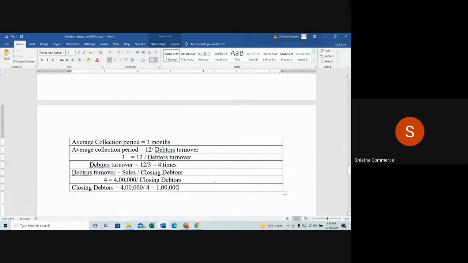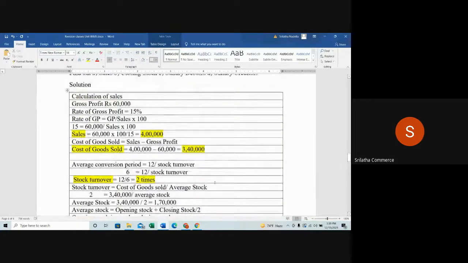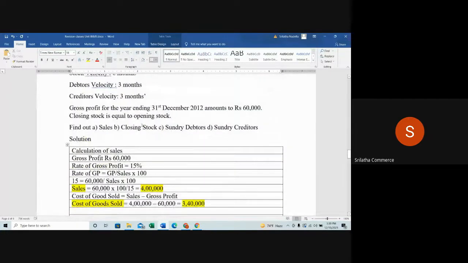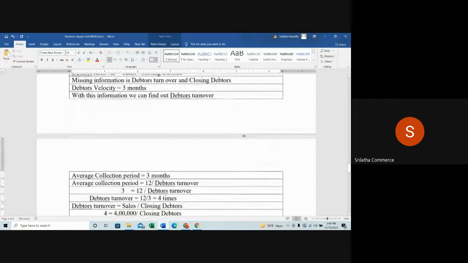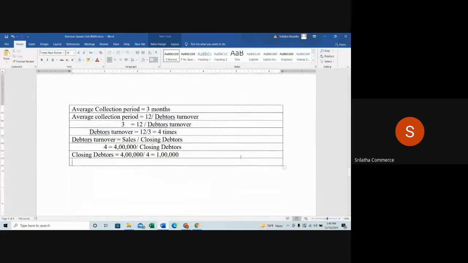Finished? Now next what do we have to do? Sales over, closing stock over, sundry debtors over. Now we have to find out sundry creditors. Sundry creditors, also the same thing. First creditors' turnover, isn't it? Sundry creditors you can find out from creditors' turnover. Creditors' turnover, what is the formula you're going to have?